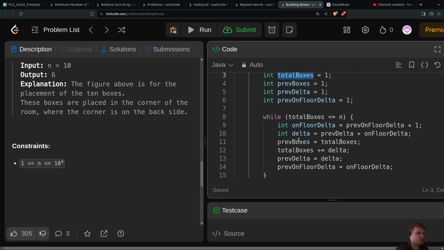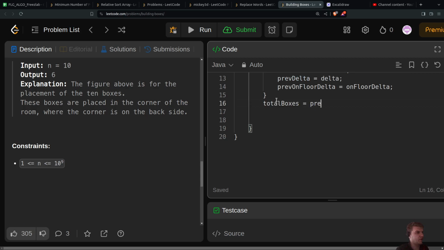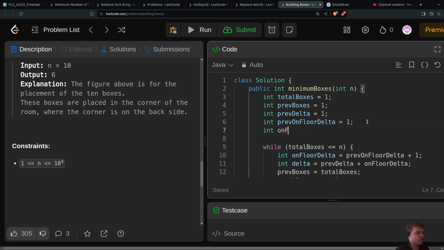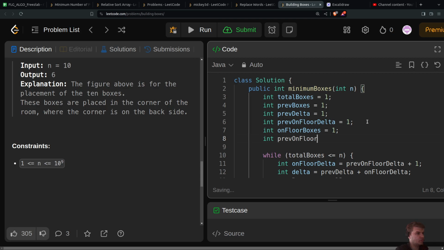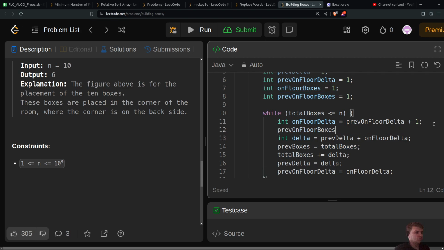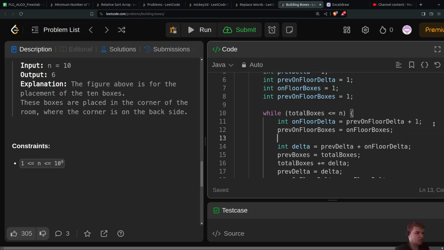Say total boxes. I'm gonna reassign total boxes to the prev, and then I need to calculate also int on floor boxes equals 1, int prev on floor boxes equals 1, and then on floor boxes gonna be plus equal on floor delta.